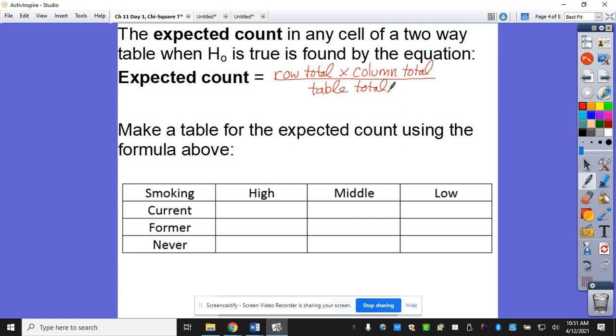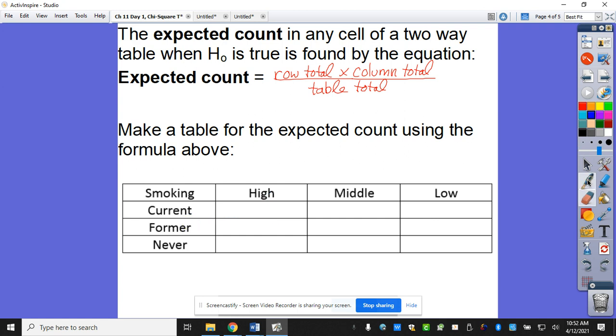So if I'm trying to find this one, high intersecting with current, what is my row total there? Are my rows socioeconomic status or smoking habits? Rows are this way. Smoking habits. So what's my total for current?